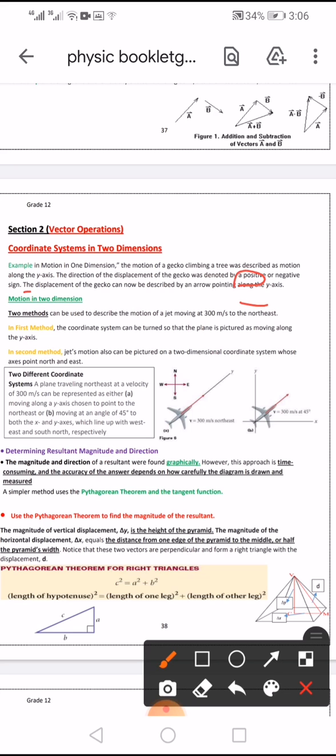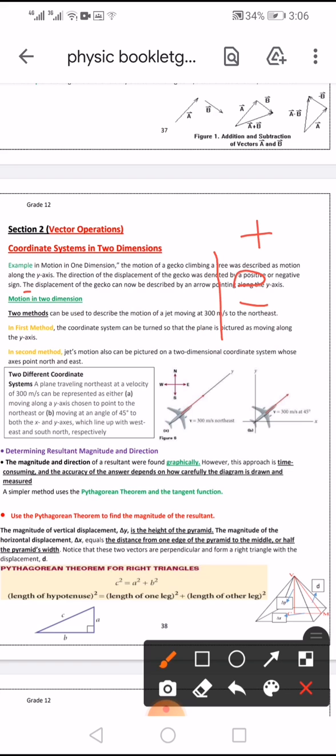Look, when Gigo moves to the north, I described the direction of the displacement of Gigo as positive.